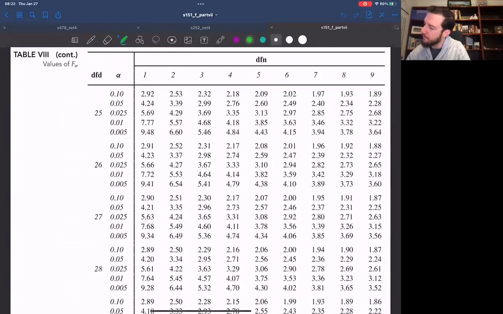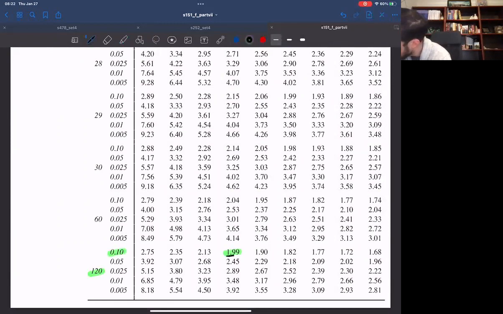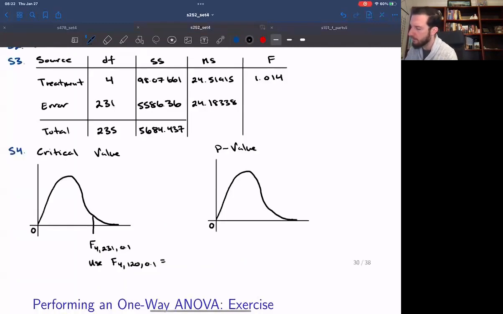So we're going to have 4, 120, 0.1, which is 1.99. So our critical value here is 1.99.